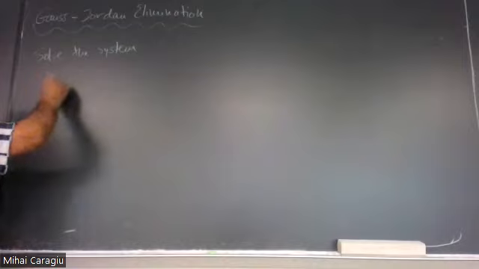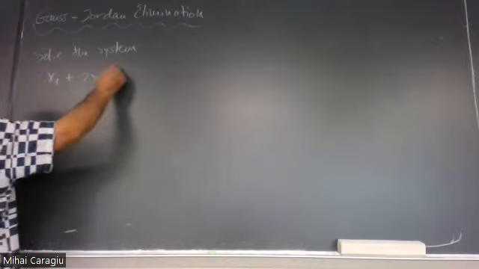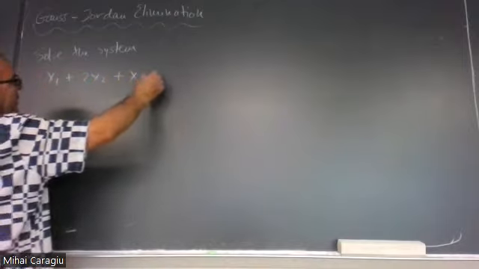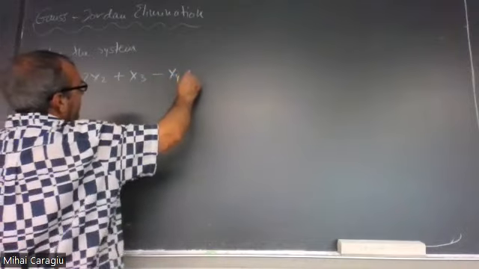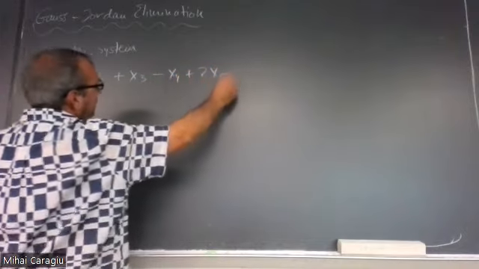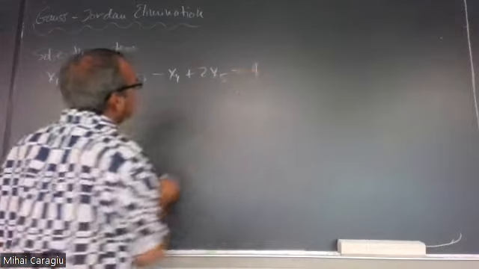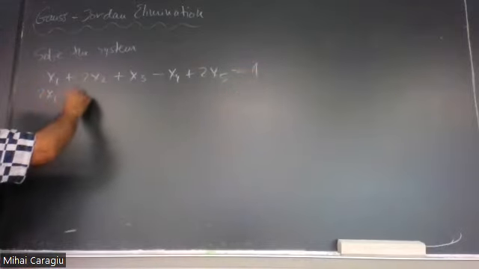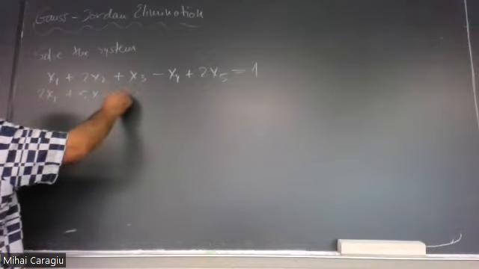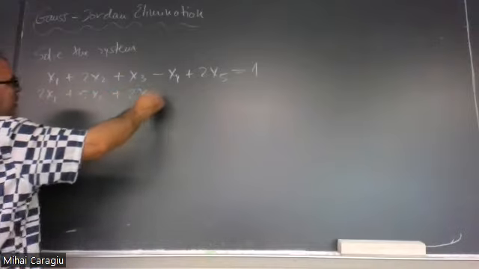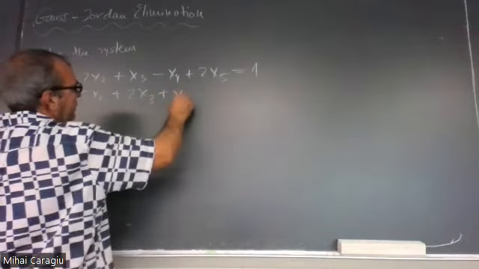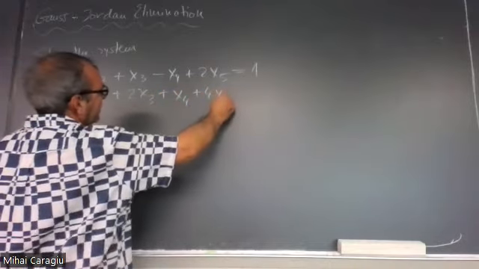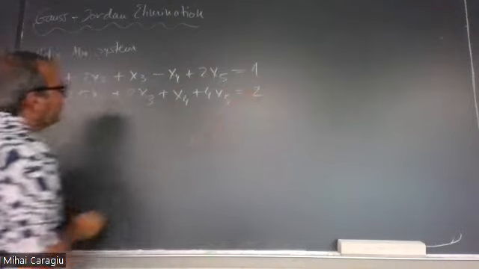So let's see, x1 plus 2x2 plus x3 minus x4 plus 2x5 equals 1. 2x1 plus 5x2 plus 2x3 plus x4 plus 4x5 equals 2.